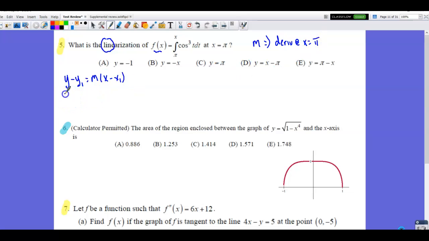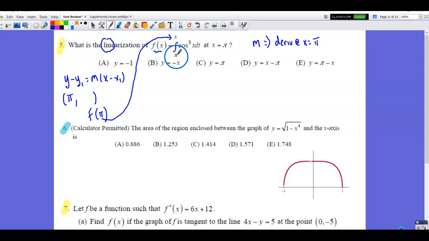So I know the x coordinate is pi. And to get the y coordinate, I have to find f of pi, which means I'm going to substitute pi right here. And so that's nice and easy.